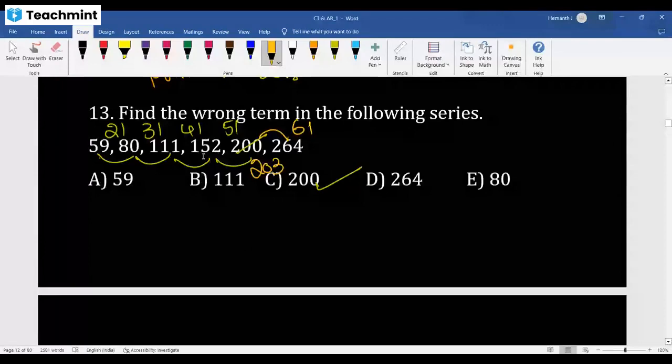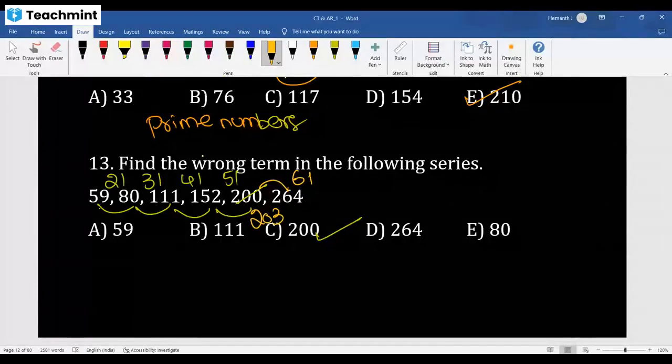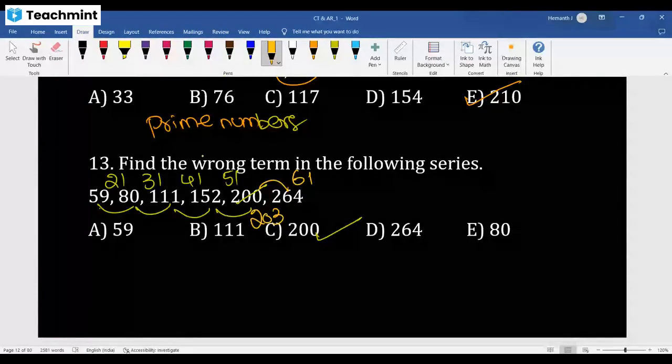Not 51, 48. Yeah, that's what we need, 51, because 21, 31, 41, right? Here difference is 48, I agree. That's what the mistake. 21, 31, 41 indicates next difference should be 51. So to make it, we are changing 200 as 203. That is why 200 is the wrong term. We need 51.